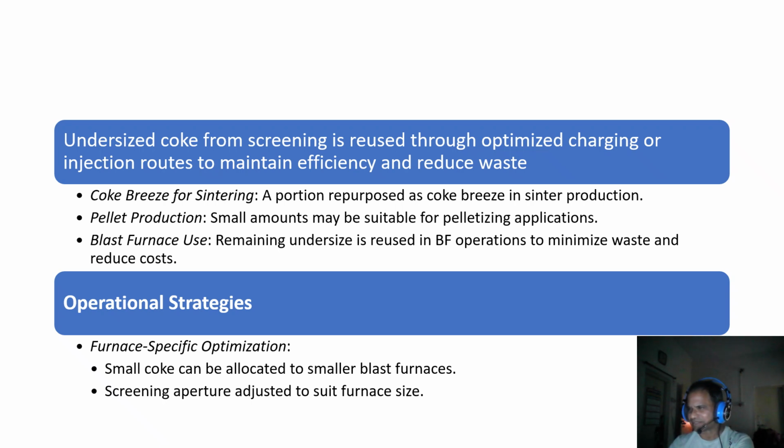We can say that undersized coke, which is often dismissed as a waste, can be repurposed for sintering, pelletizing, or directly reintroduced into the blast furnace also. So it is not about just discarding; it is about disciplined redistribution.